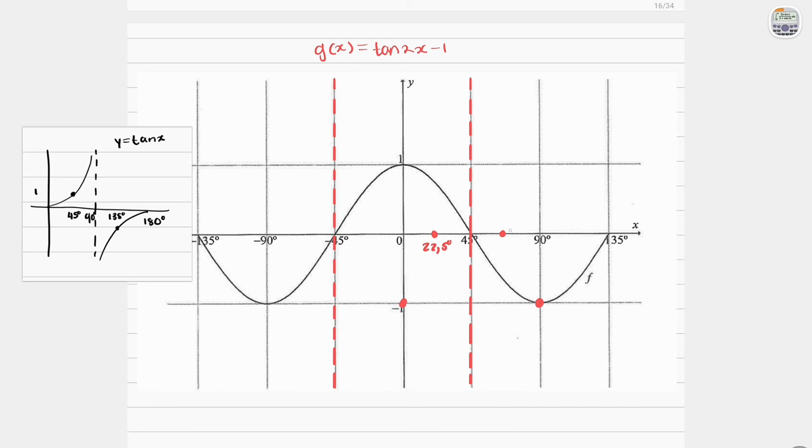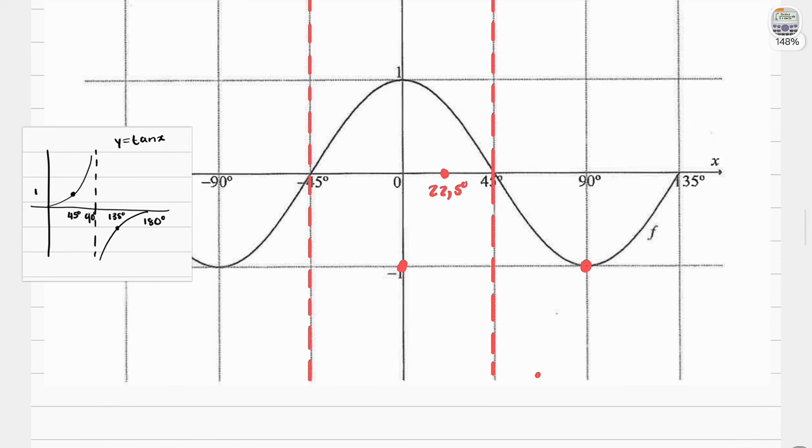It's halfway, okay, between this 45 and 90. Now remember how it had a y value of negative 1. Okay, so halfway here we have a y value of negative 1. But then this graph says tan 2x minus 1. So then go down by 1 unit, which would be at -2. Okay, so somewhere down there.